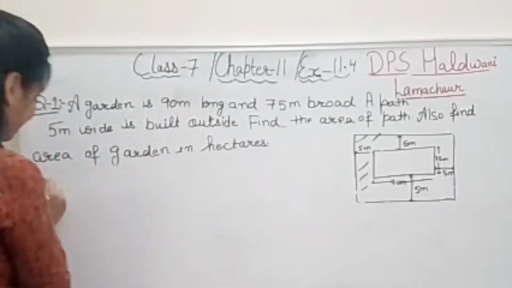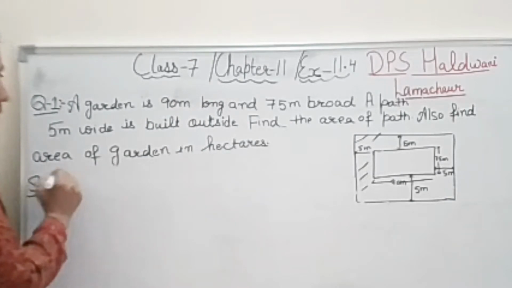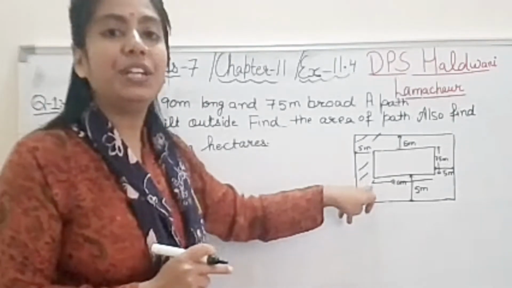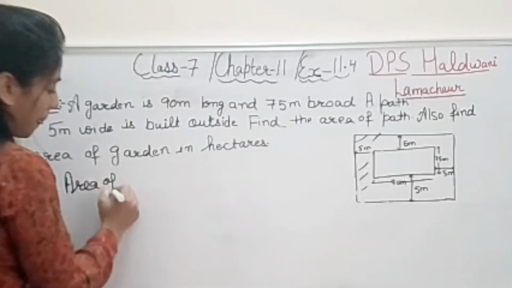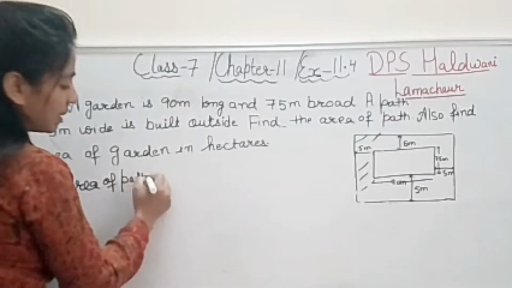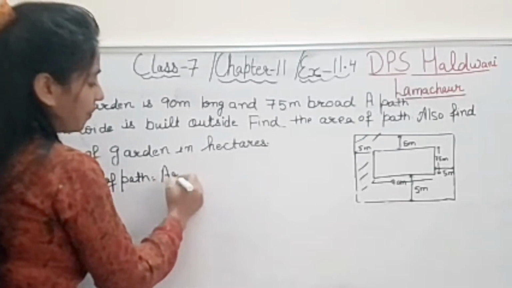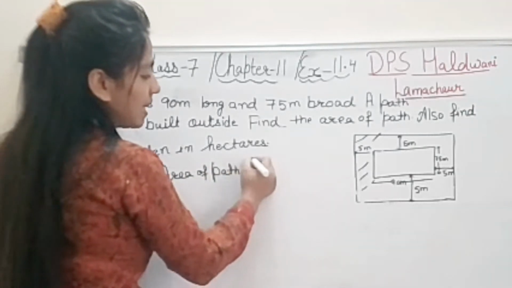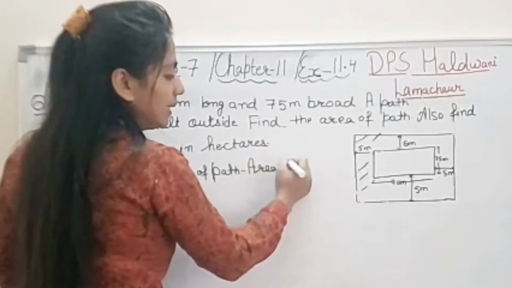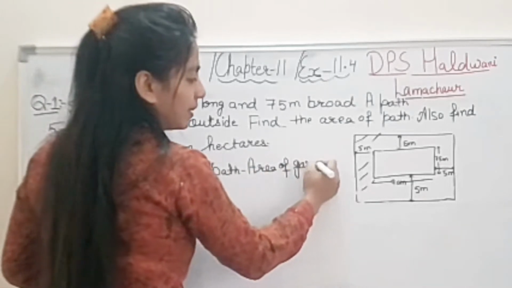Now start the solution. As the question says, area of path you need to find out. So area of path is equal to what? Area of outer rectangle minus area of garden. Right, student?